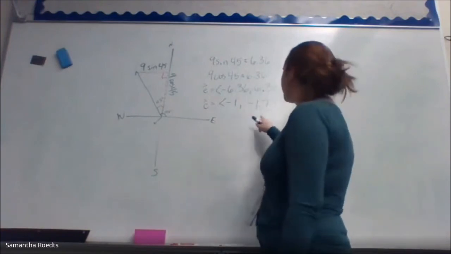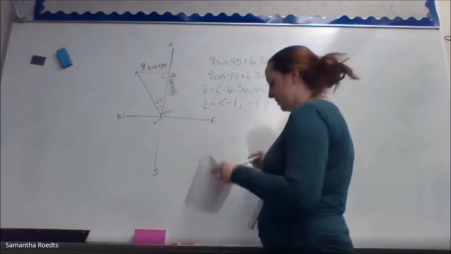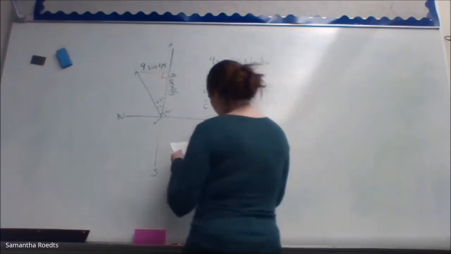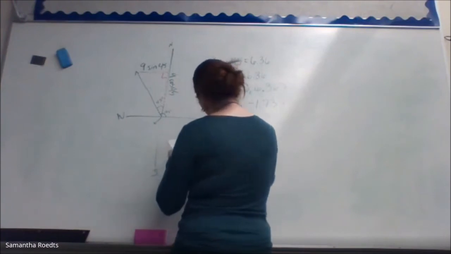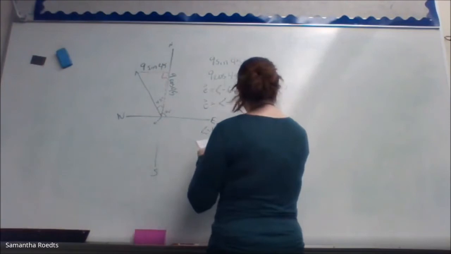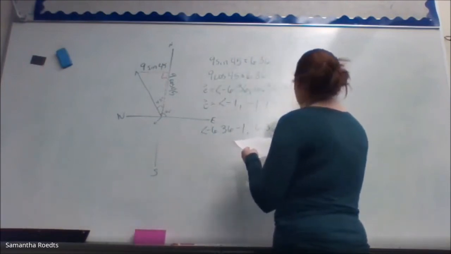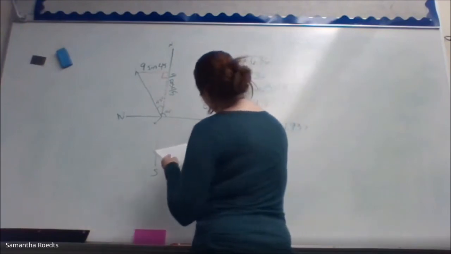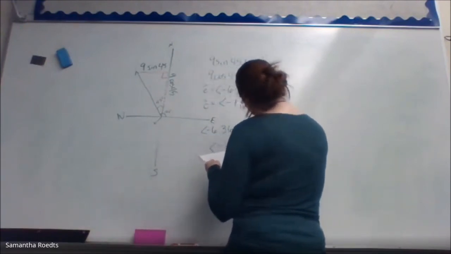So now I'm going to take this minus this and this minus this. So when I do that, I get negative 6.36 minus 1, 6.36 minus 1.73, which gives me negative 7.36, 4.63.